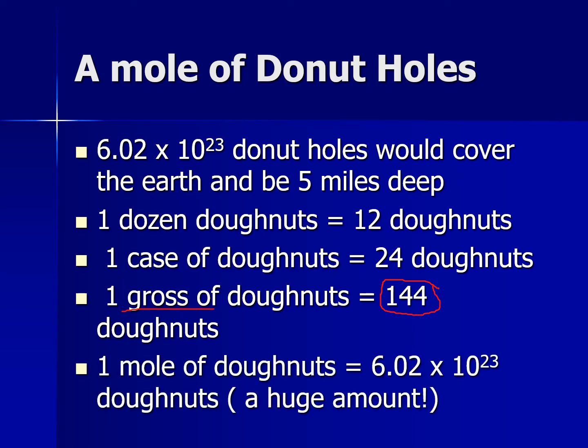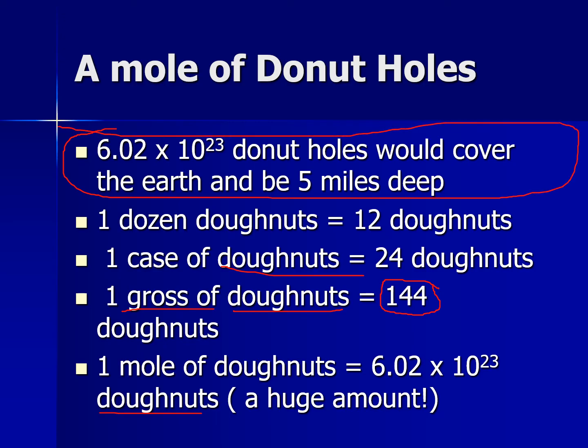If we had a mole of donuts, that is 6.02 times 10 to the 23rd donuts, a huge amount. Now these sentences were talking about donuts, or these relationships. This one here is talking about donut holes. So they're a little bit smaller than donuts.